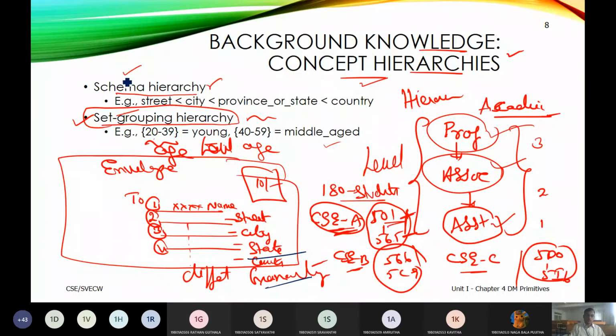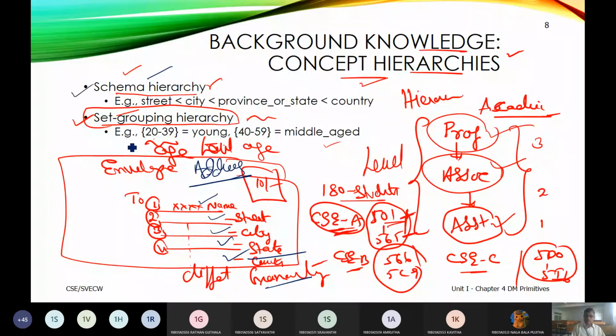One type of level concept we call a schema hierarchy, where people write their postcard with the name followed by the street, the home address. When we talk about the home address, they write it in different levels like name, street, city, state, etc.